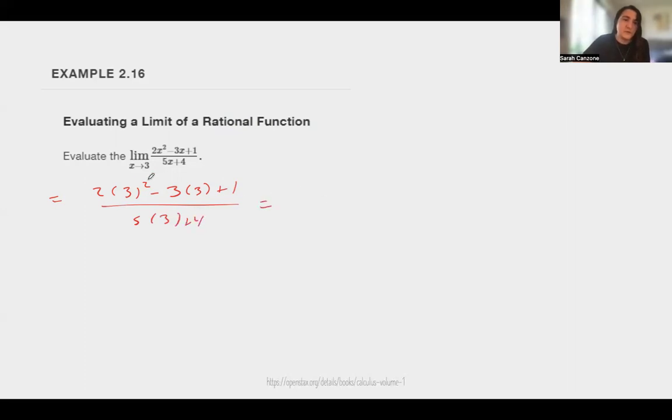Let's see here. 3 squared is 9 times 2 is 18 minus 9 plus 1 over 5 times 3 is 15 plus 4 is 19. 18 minus 9 is 9 plus 1 is 10 over 19. Since this is a real number, that is just the answer. We don't have any issues where we're dividing by 0 or anything like that. This is just the answer given that these are polynomials and this is a rational function.